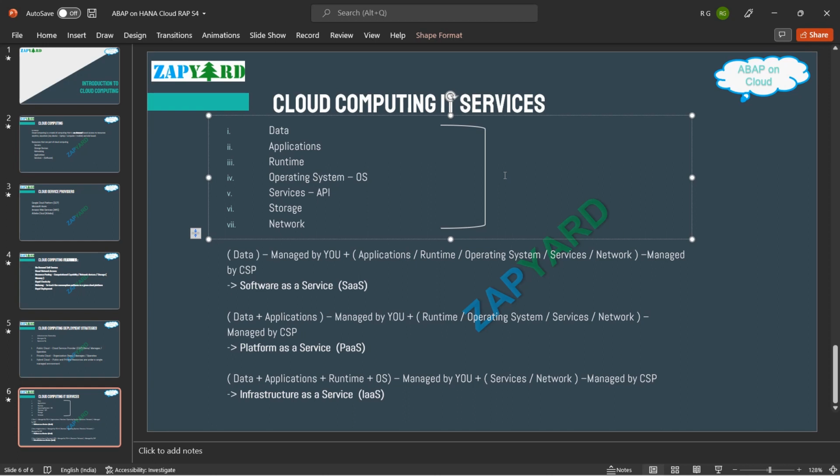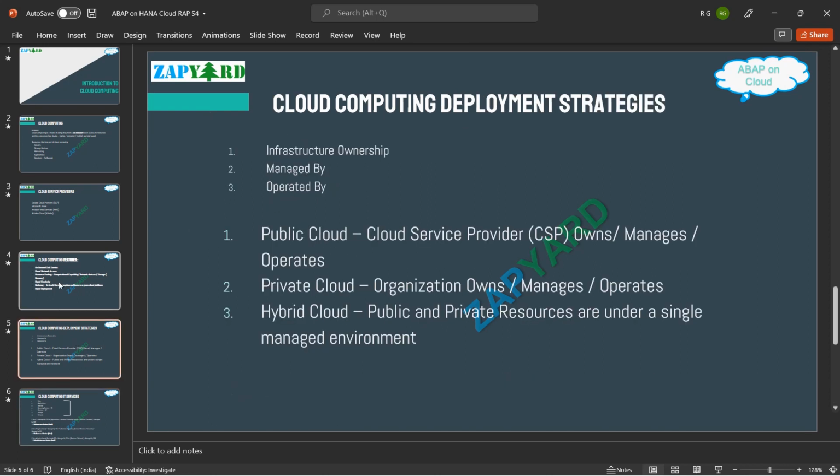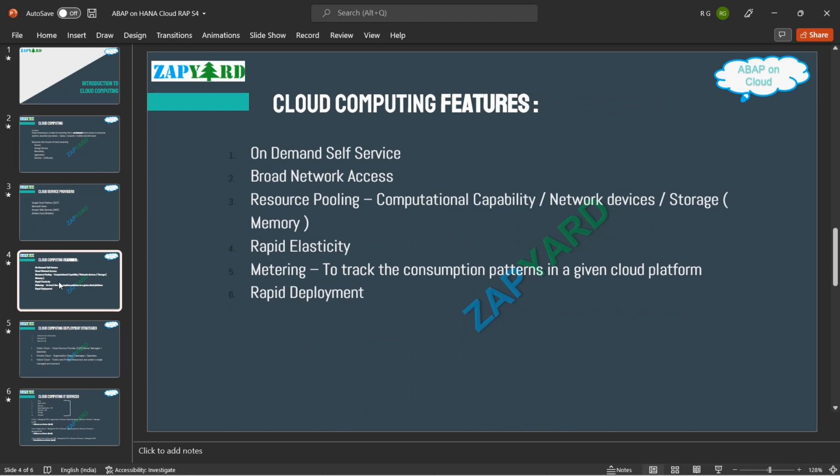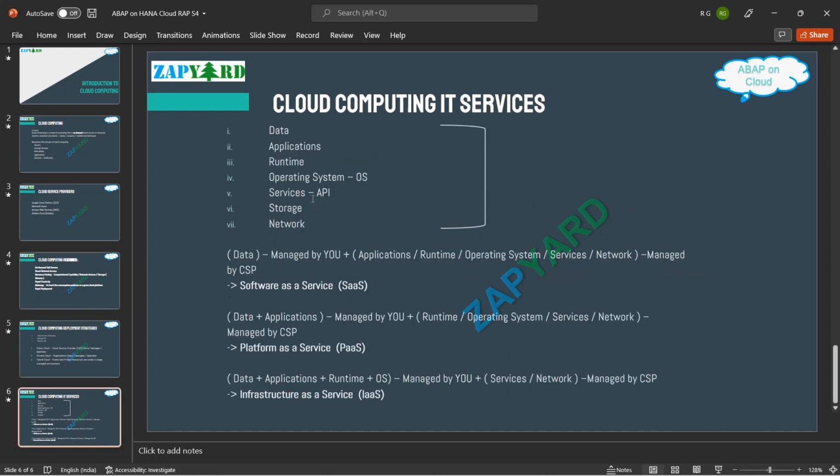And all of the other features we have already highlighted, like on-demand self-service, network access, resource pooling, elasticity, metering, rapid deployment, are not provided as a feature of that IT service. So that is a very old concept of IT services, which is the on-premise.